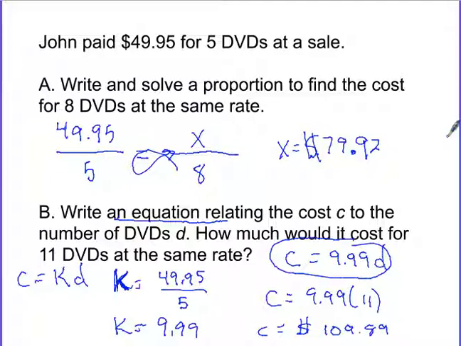$109.89. Okay, now could we have used the proportion method, the fish method, to find the cost of 11 DVDs? Yeah. Okay, which method do you like better? I like fish. The fish method is much easier, but we still need to be able to do the equation because I know what's coming next.